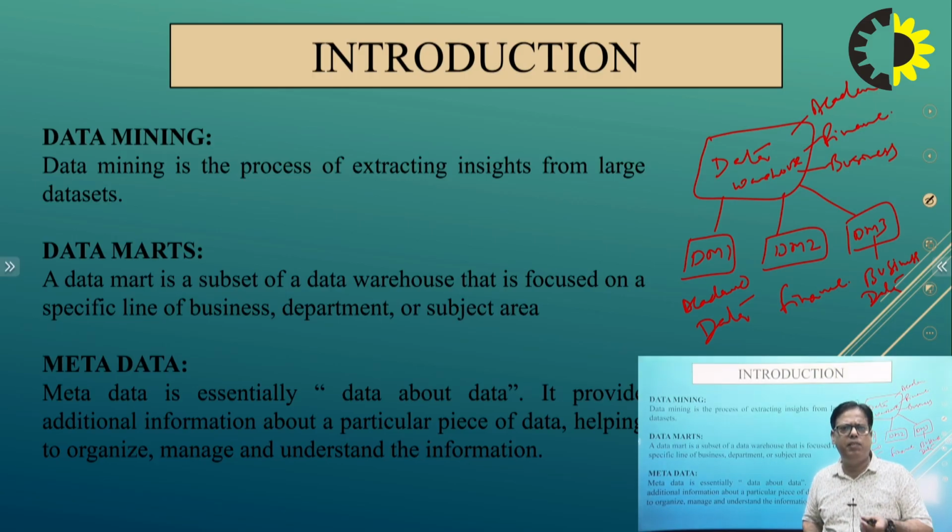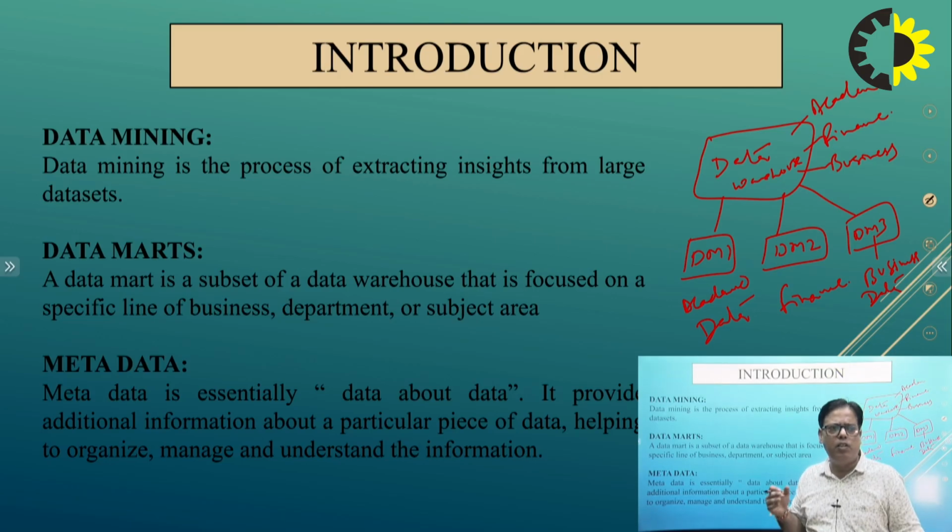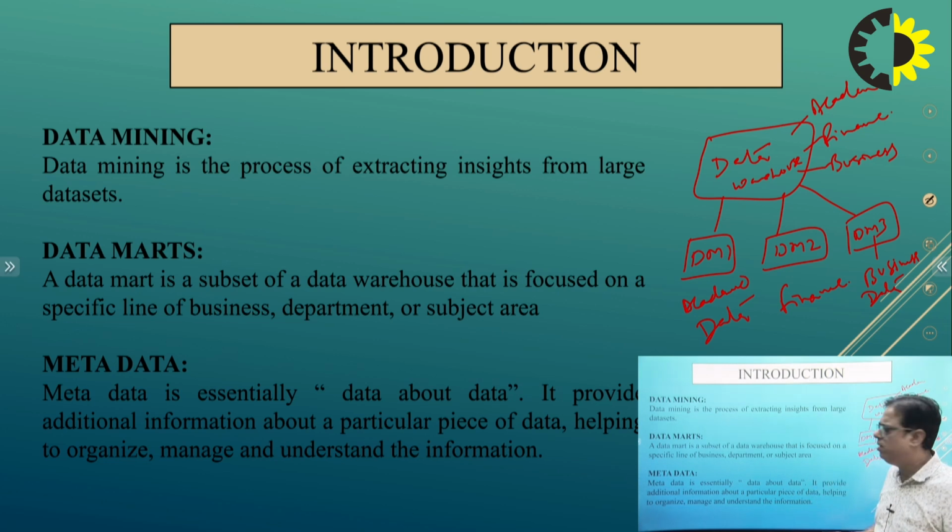In the first page, we have an index. So the index is just like metadata. We can find and fetch the data according to the index. So metadata is related to the data. It means it provides specific information on how to organize, manage and understand the information in the data warehouse. So it is known as metadata.